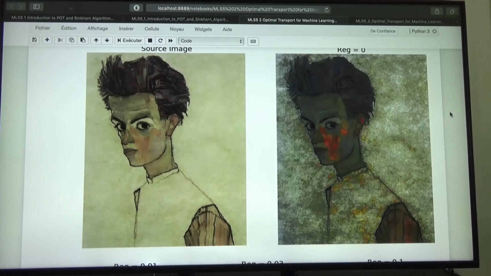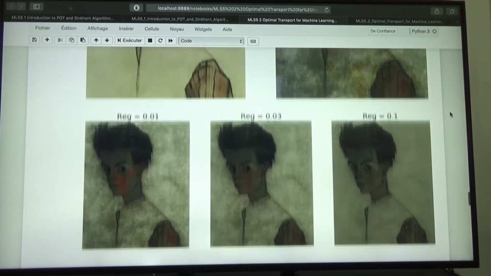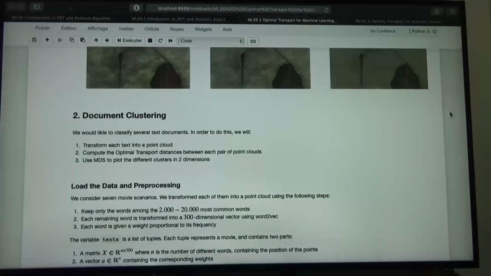Okay, so what we can do is go to the next application, which will be about text and document clustering. It's a very small and a bit stupid example, but it will show that Wasserstein distances have an interest in themselves. In the first application, we were actually interested in the optimal transport plan. The actual value of the optimal cost, we didn't care about.